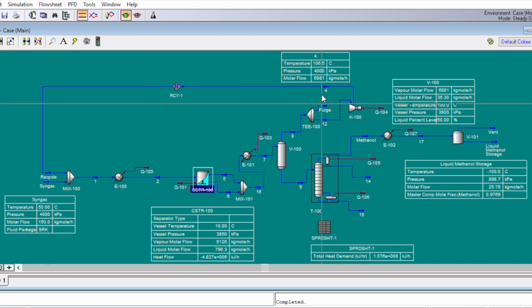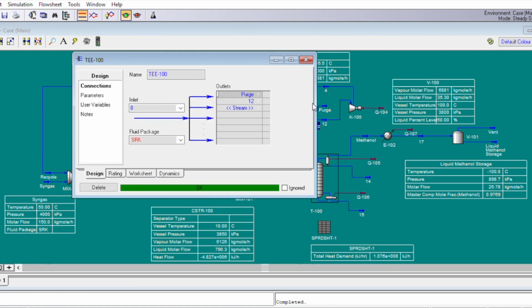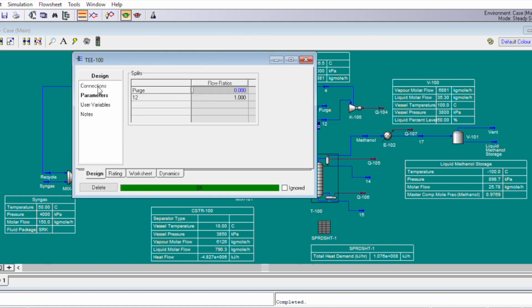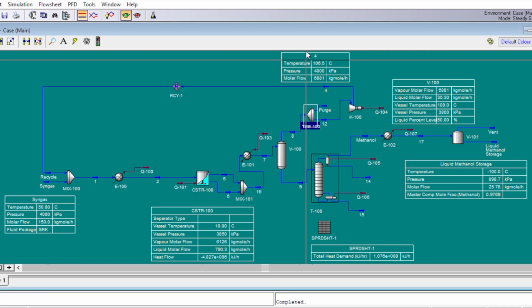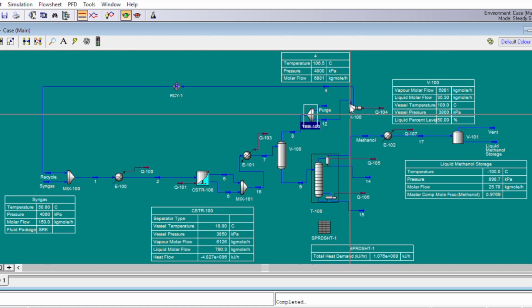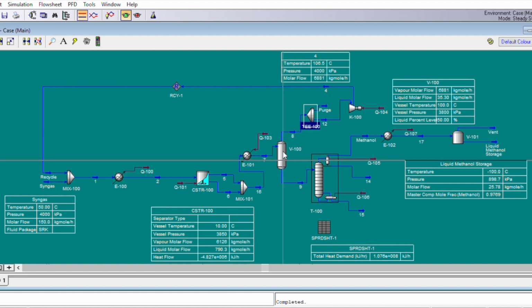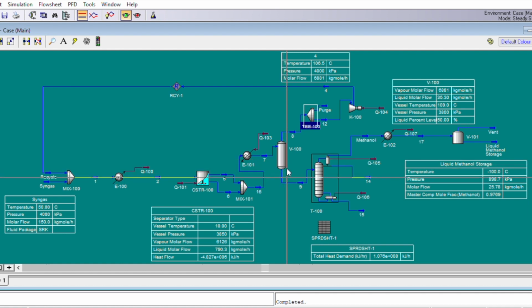Before that, we also need to set the flow ratio for the purge, which is 0, and the other outlet is 1. Then we use the compressor to compress the pressure to 4000 kPa to recycle back as our feed.